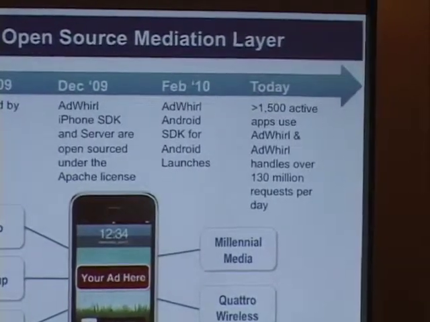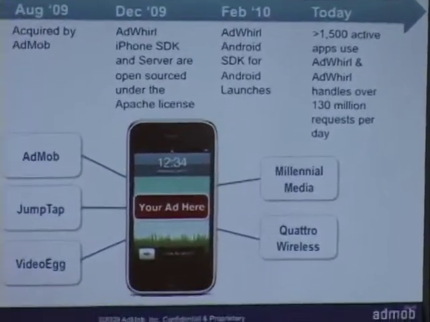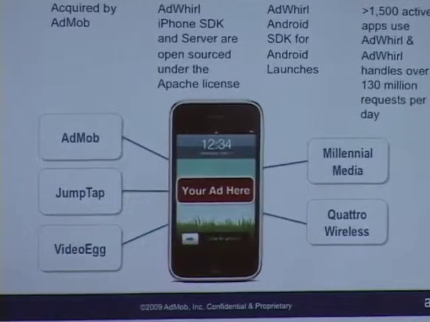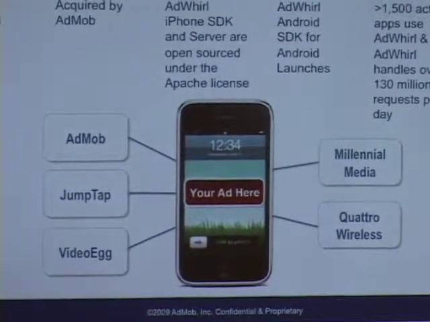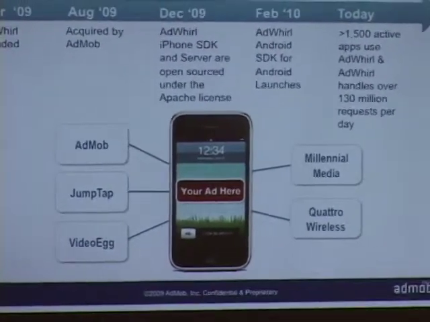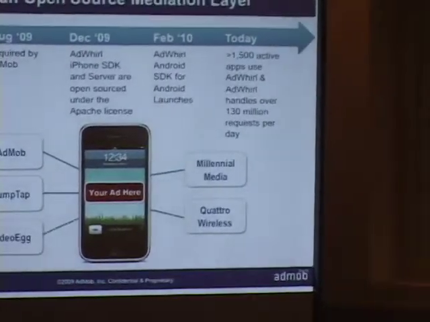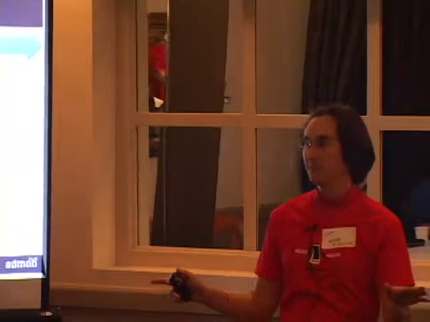And we did this for a very good reason. For a mediation layer to work, it has to be unbiased. It has to act only in the interest of the developers and follow very faithfully the preferences that the developers set. So the best way for us to achieve that was to completely open source it to make it transparent. If you have any concerns about how unbiased or biased it might be, you can just look under the hood and check it for yourself.